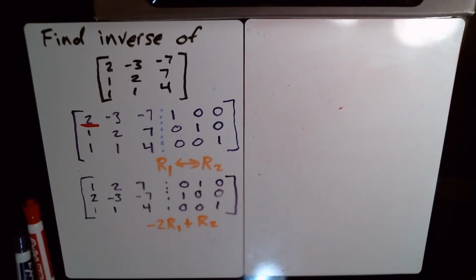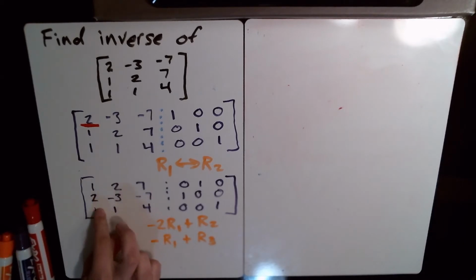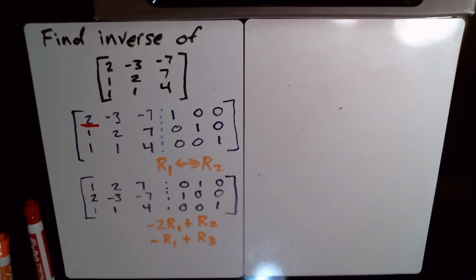That should cancel out this 2 here. And then 1 and 1, those are already the same, so I just need to put in a negative on the row 1 and add it to row 3. Okay, that will get rid of those 2 places so that I've got zeros there.